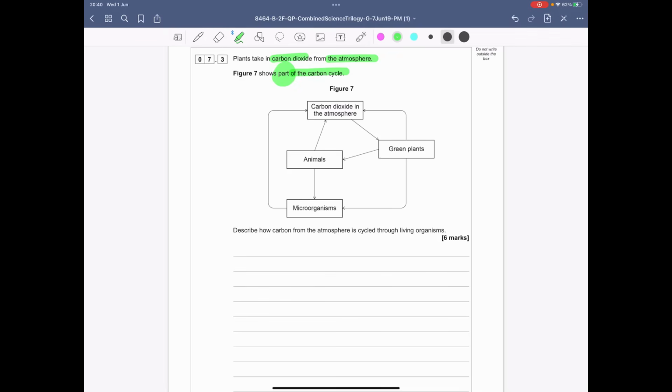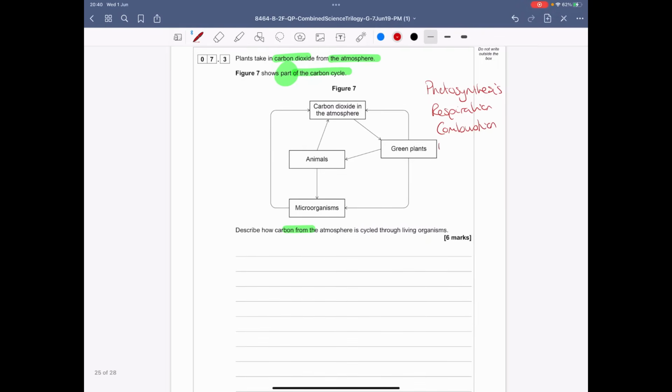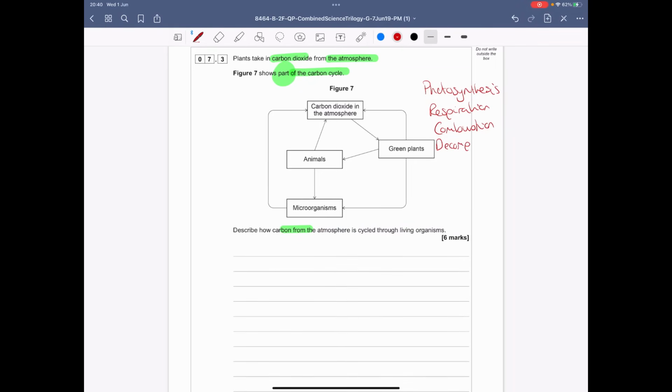So you've got part of the carbon cycle and you've got to describe how carbon moves around it. When you talk about the carbon cycle, you want to be including these 4 key processes: photosynthesis, respiration, combustion, and decomposition.